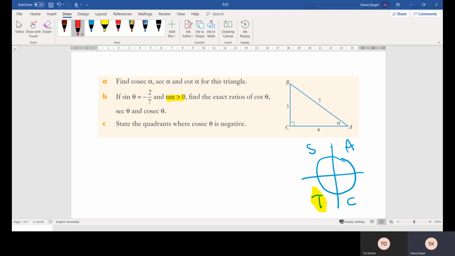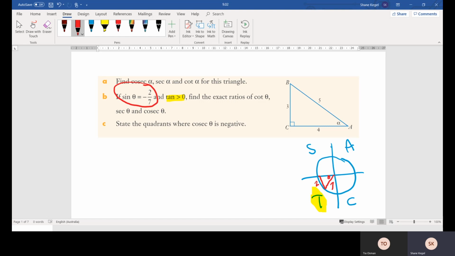So firstly, I'm going to use the fact I'm given here. I know that my triangle happens in this quadrant, and I know that sine's value in that quadrant is 2 over 7. Sine is opposite over hypotenuse, so opposite being 2, hypotenuse being 7.